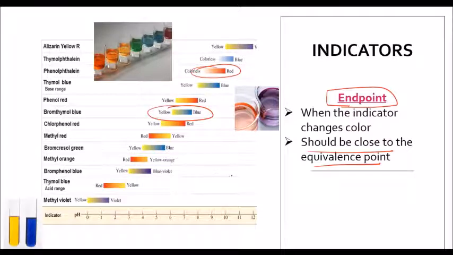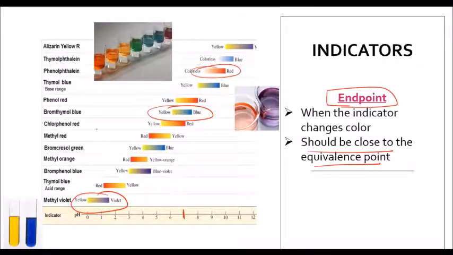So if I know that my pH at my equivalence point is going to be around 7, I'm certainly not going to pick methyl violet as my indicator, because that one changes color at about a pH of 0.8, not even close to 7. I need to pick one that's close to 7. The titrations you're going to be doing are strong, so their pH change will be around 7, so you would end up picking that.